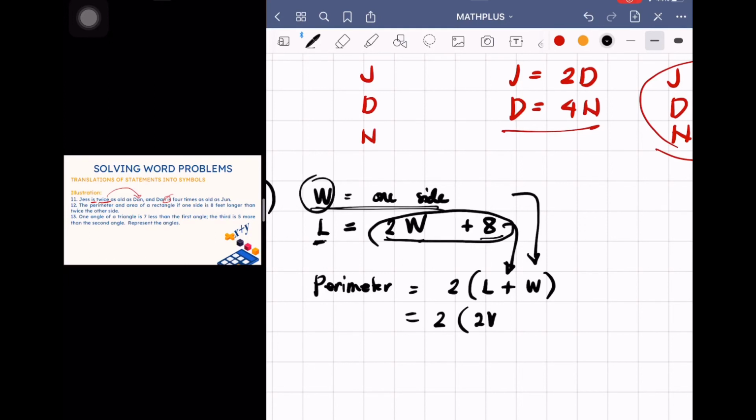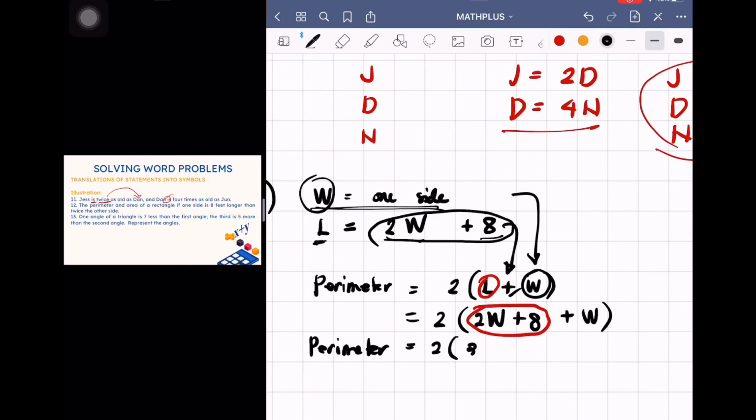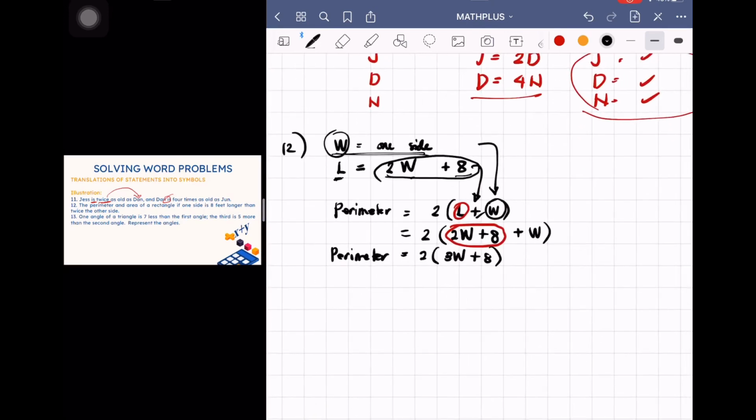So, I'm going to write here 2W plus 8, which represents length. Ito yon. Okay? Plus width, which is represented by W. So, pwede kong sabihin that the perimeter may be represented as simply, what's that? 2 times 3W plus 8. Pwede yan yung representation ko ng perimeter.